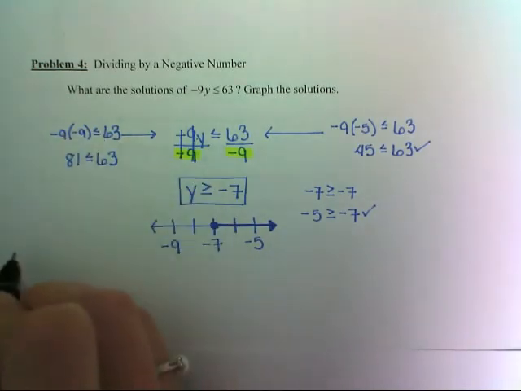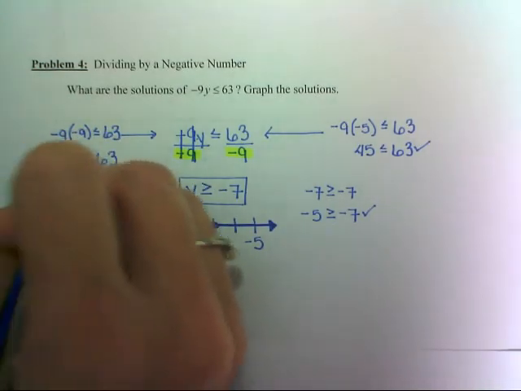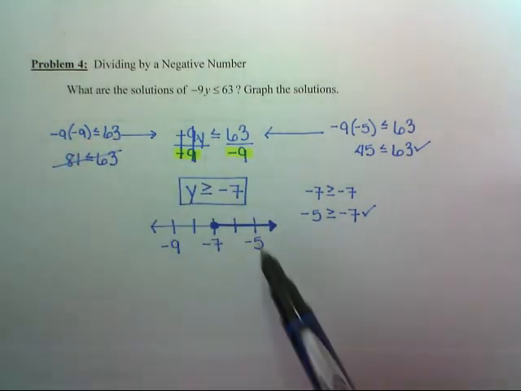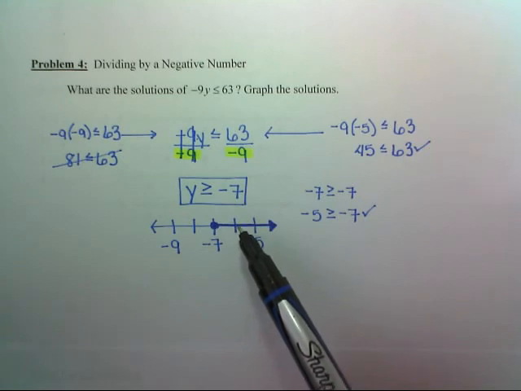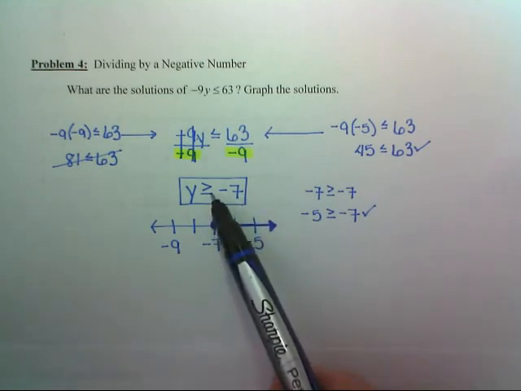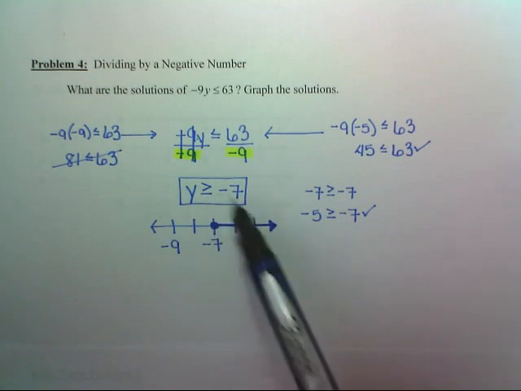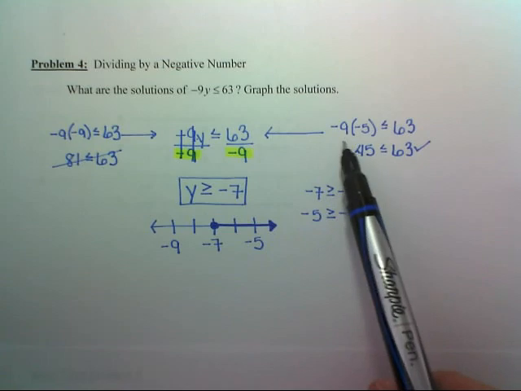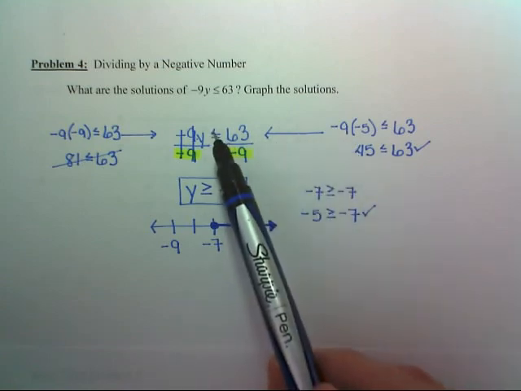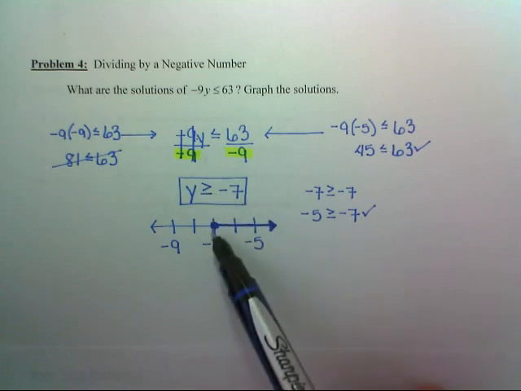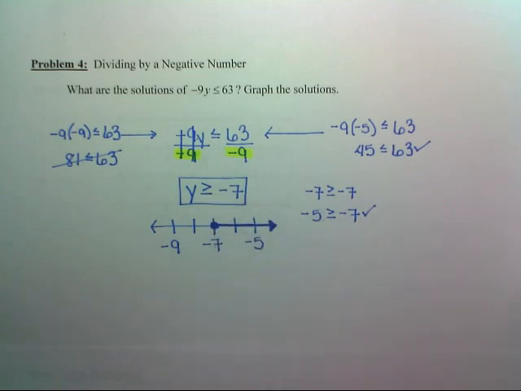True or false? And that is false. 81 is not less than 63. So notice that sometimes it's not enough to just check your solutions here to make sure that they work in your answer. But it's also good to try to check it in your original inequality to make sure it works, especially in cases where you're dividing or multiplying by a negative number, to make sure that you have flipped your inequality and you've graphed all the correct solutions.